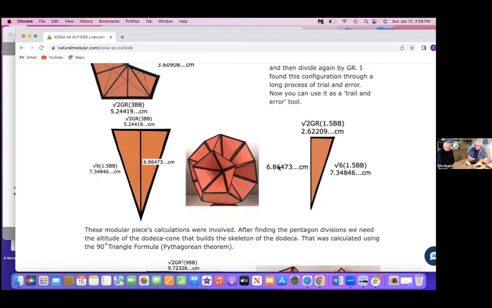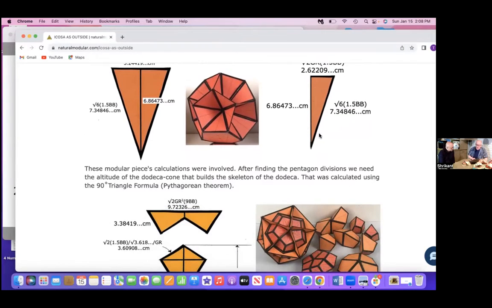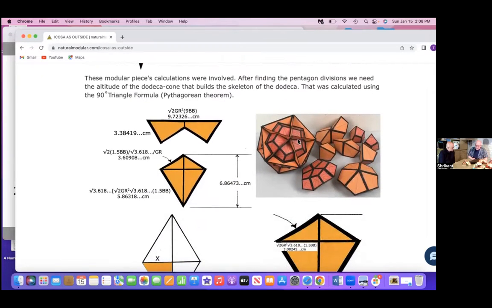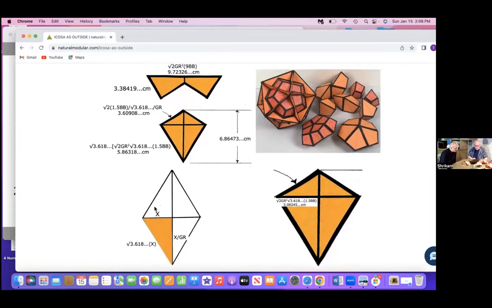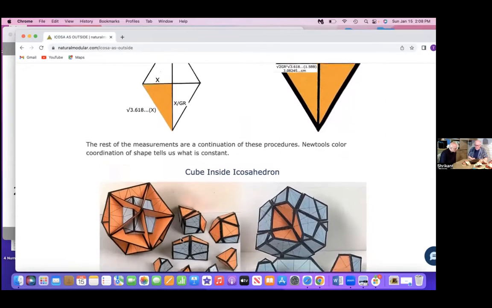Here, I had to use the Pythagorean theorem because not everything fits into my measuring system. Maybe somebody can come up with how this is the square root of something. So then here is how to make these pieces, and it always goes back to this constant here.